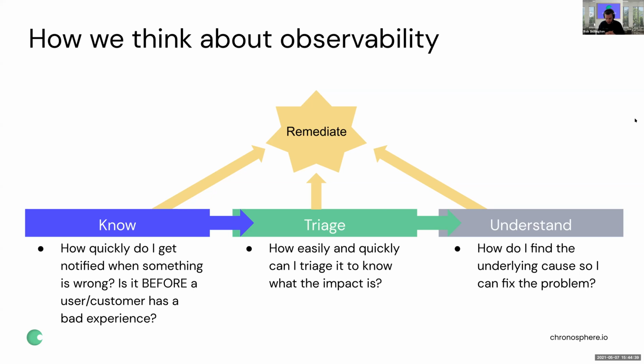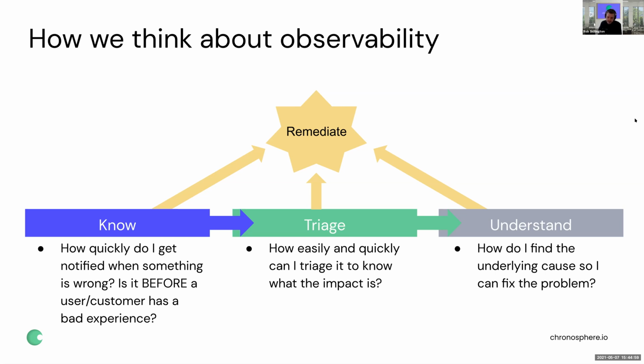Mitigating an on-call issue you want to do immediately, and every second counts there. Improving the performance of a system, or fixing edge cases, happens over days or weeks and takes longer. But that's all part of triage.